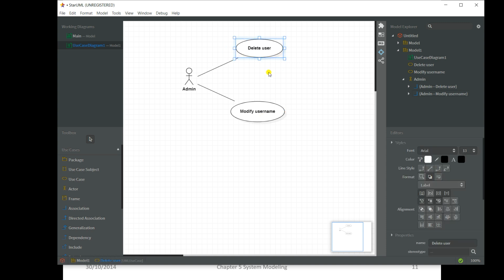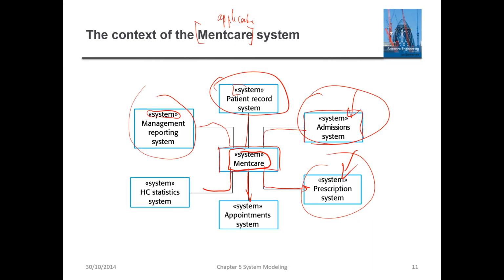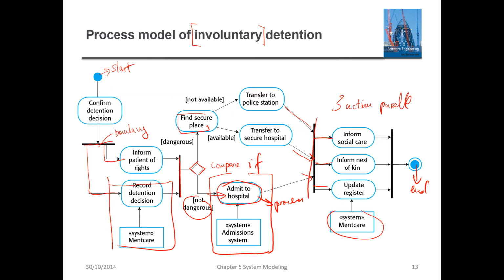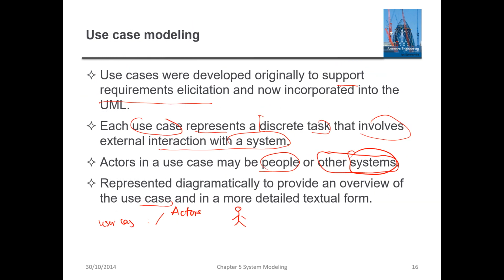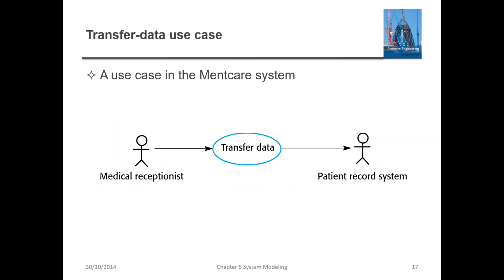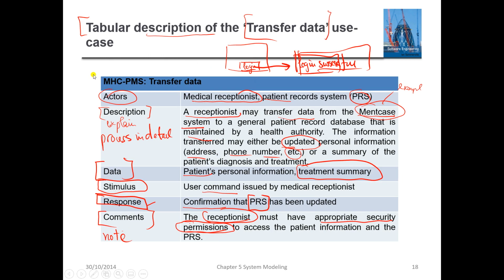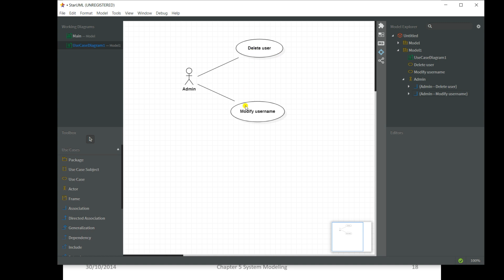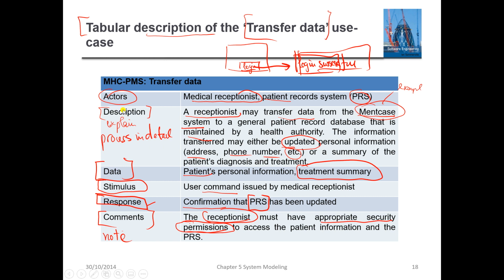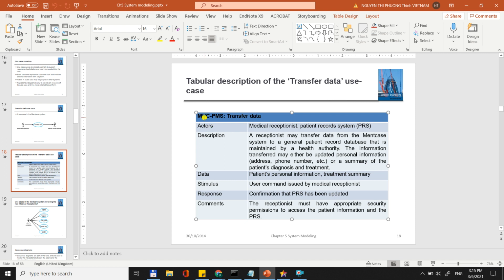This is the first part, the diagram. Second, you must write a tabular description of transfer data, or for each function you must write this kind of table. For example, let's discuss: I copy it and paste it in the work.